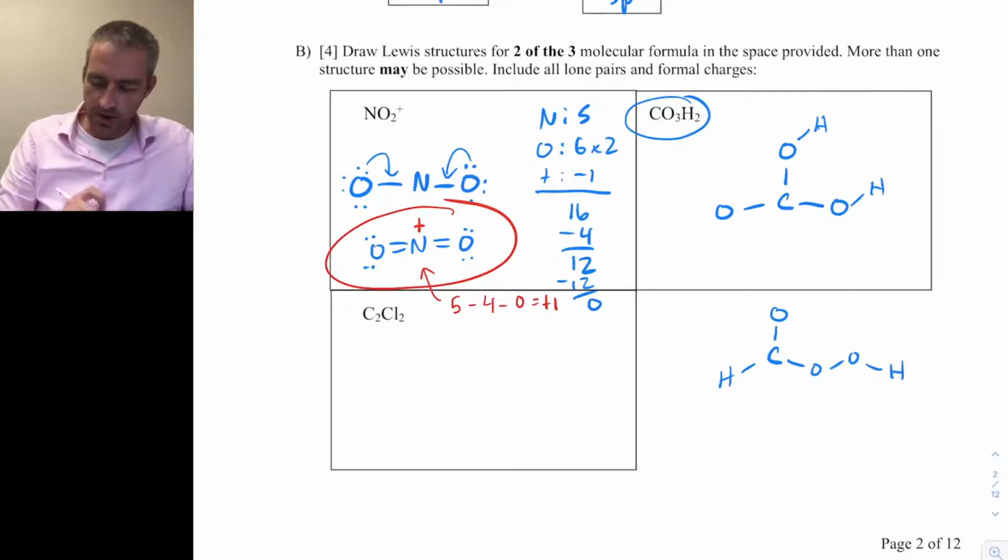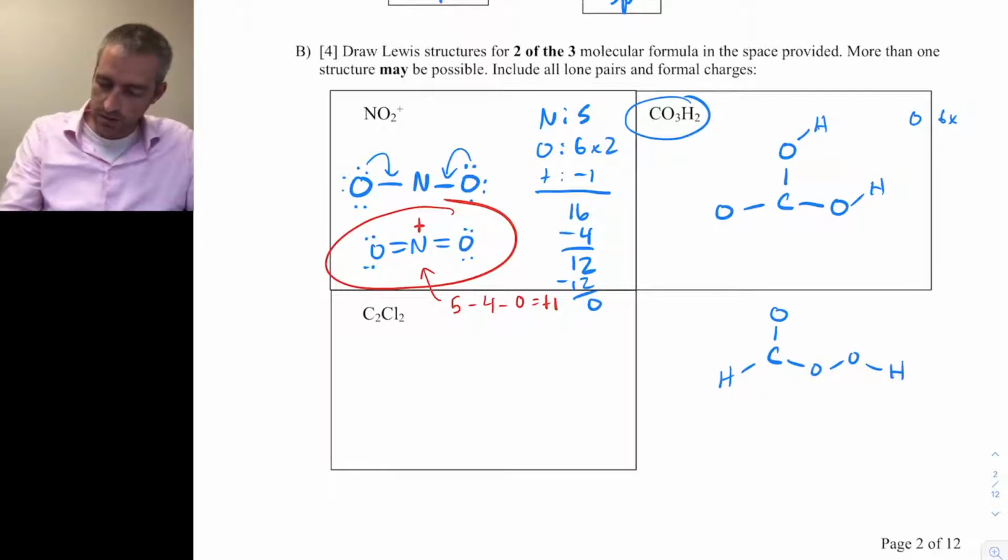I'll finish that one off later on. But this one we will have, in terms of number of electrons, the oxygens will give us 6 times 3. Hydrogens will give us 2. Carbon gives us 4. It's going to be 18. That gives us 24.